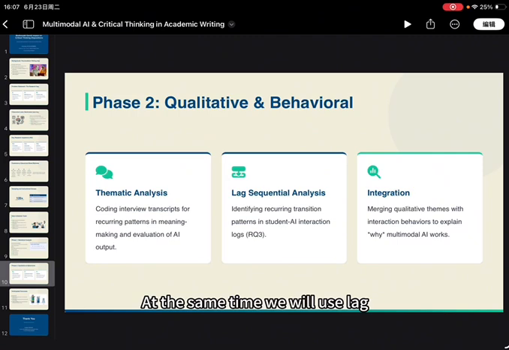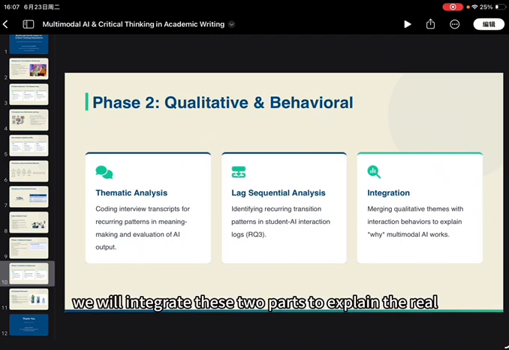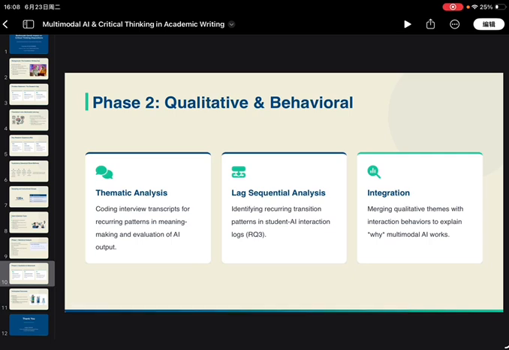At the same time, we will use lag sequential analysis to map out the step-by-step pattern of how students interact with the AI system. Finally, we will integrate these 2 parts to explain the real relationship between AI assistance and critical thinking.